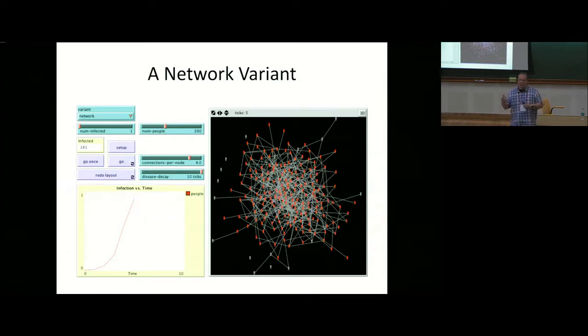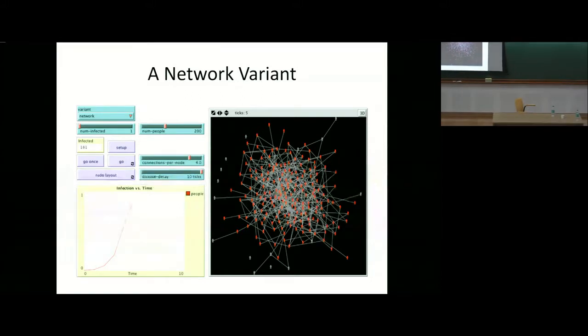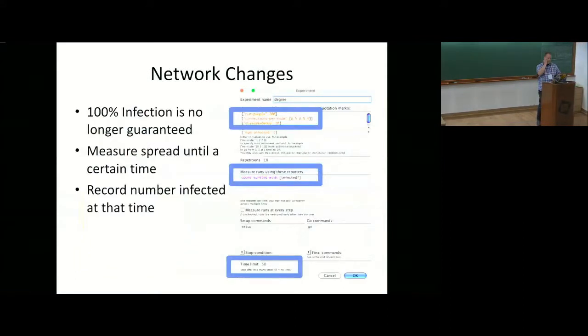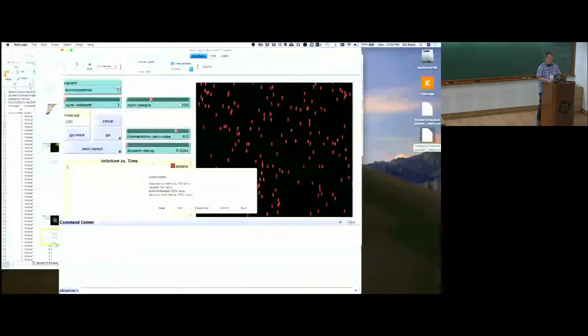So instead, we can build a network version where me and Donald Trump are on opposite ends of the network from each other, maybe 20 degrees of separation between us. In that case, we can look at how those things affect the overall spread of disease. So we're going to run a network model where we control the density of the network.